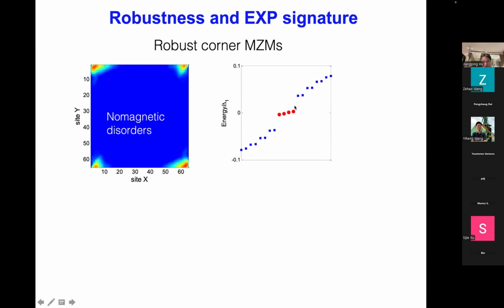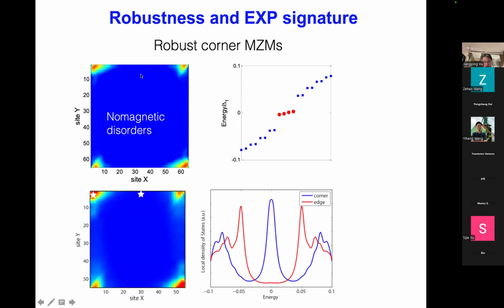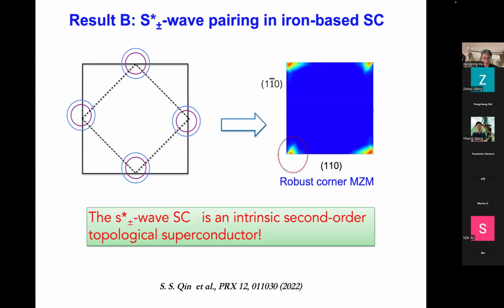In this calculation you can see there are four states, actually eight states if you consider spin, near zero energy, located at these corners. If you take an STM measurement, you should see a zero-bias Majorana peak at these corners. But experiments haven't studied this yet, so I still try to convince the experimentalists to make better samples to do this.